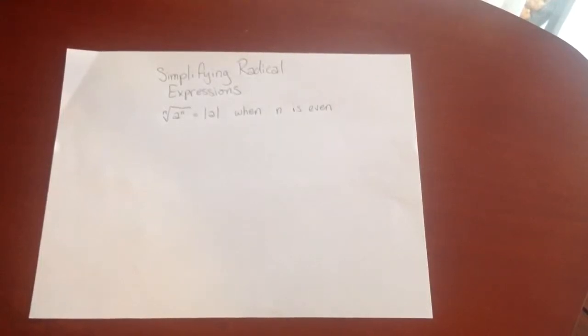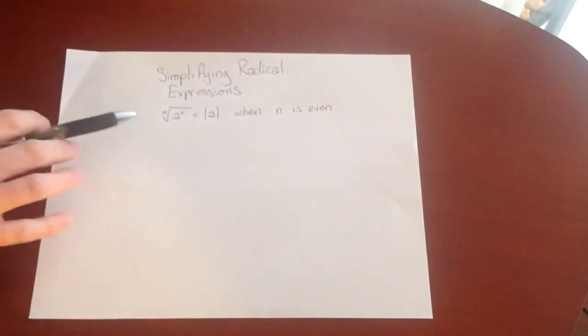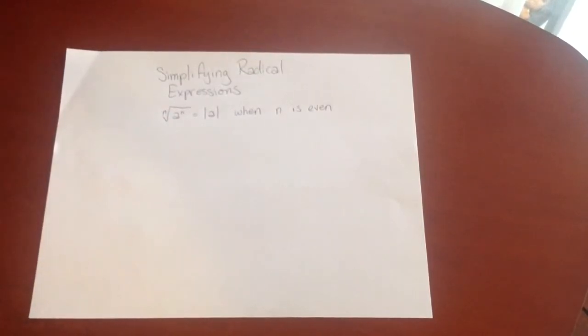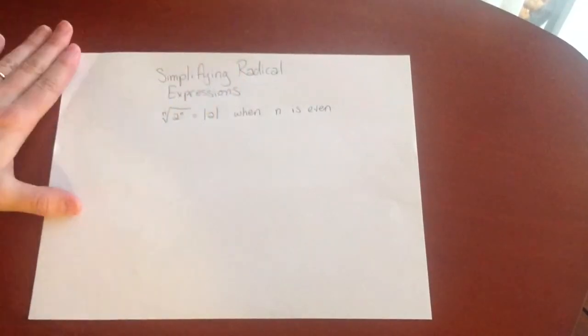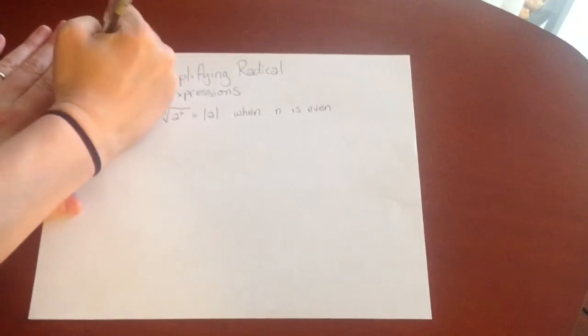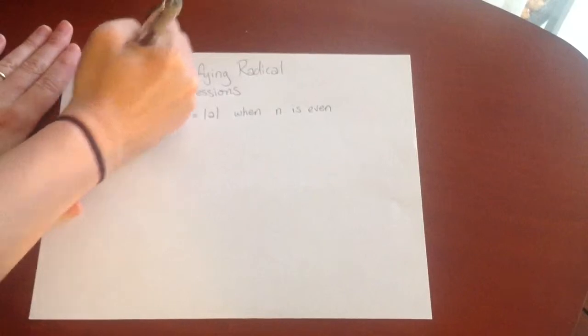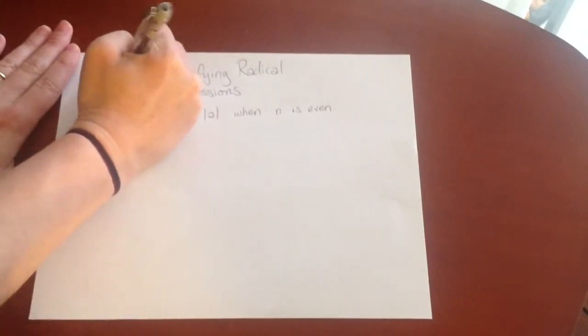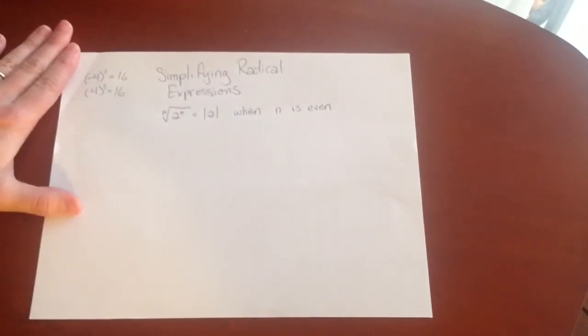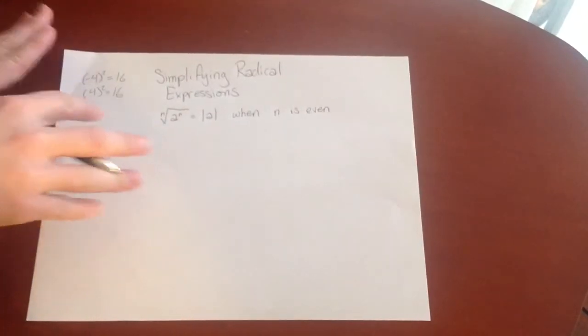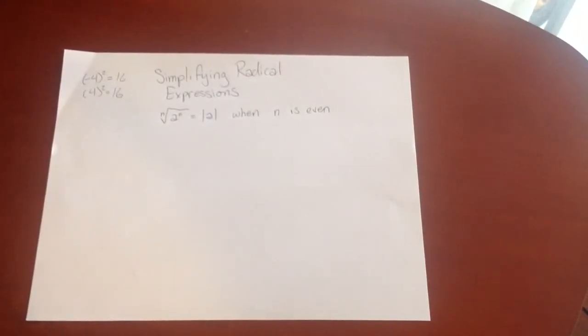So when we're simplifying radical expressions, if we're looking at an index that is even, we need to consider the absolute value of it. This is what's known as the principal root. Because we recall that both -4 squared and 4 squared equal 16. But for the sake of simplifying, I only care about the positive one.